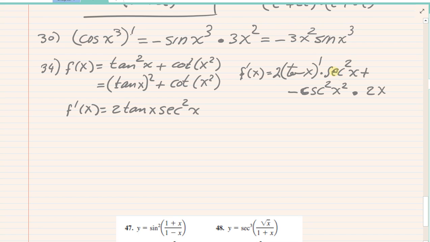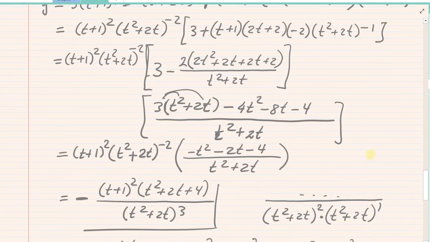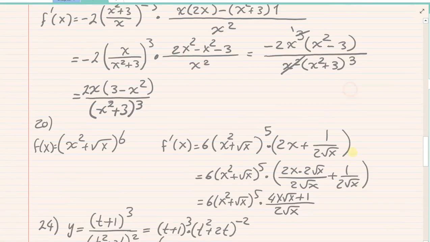And the latter part is negative 2x cosecant squared of x squared, like that. Or if we don't really need parentheses, as long as you know what's going on with that. And there's number 34. And let's look at another one.